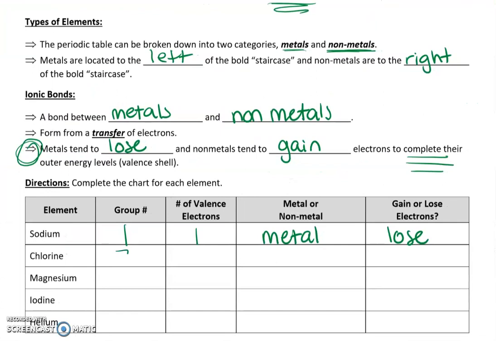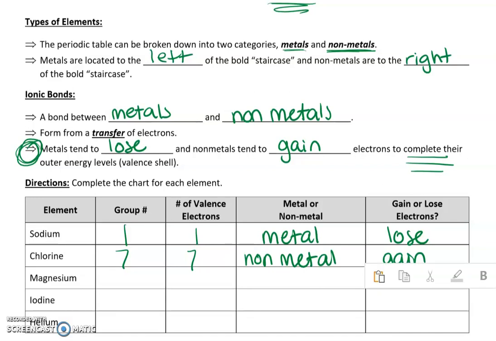So it has 7 valence electrons. Because it's to the right side of our bold staircase, it is a nonmetal. And because it's a nonmetal, it is going to gain electrons. Looking at this rule again, metals will always lose electrons, nonmetals will always gain electrons.